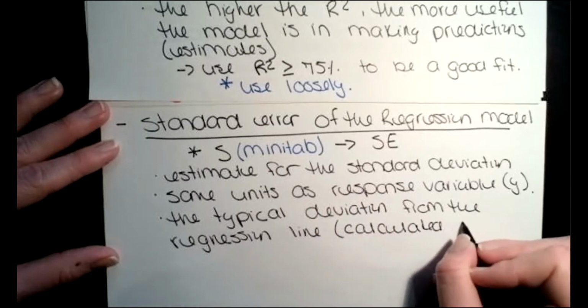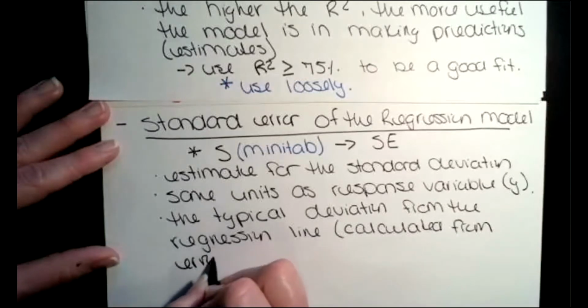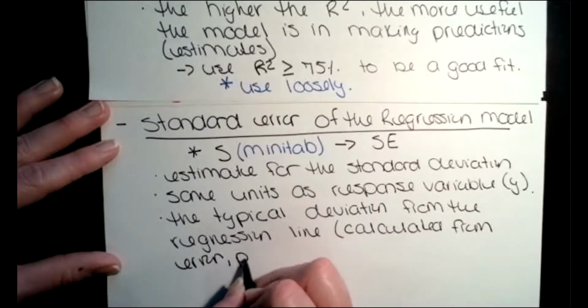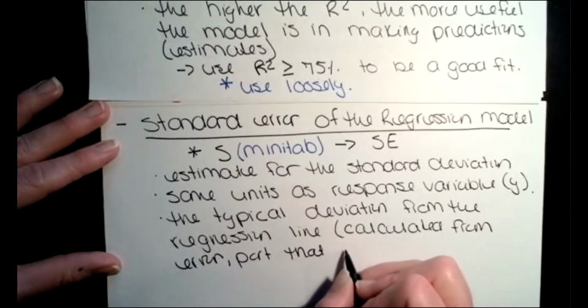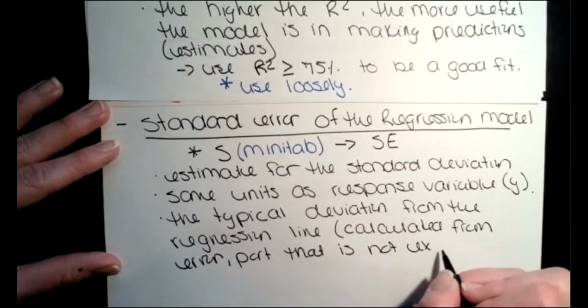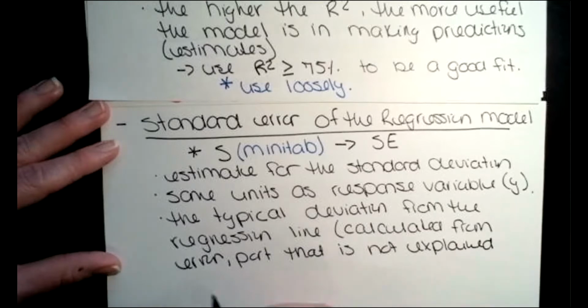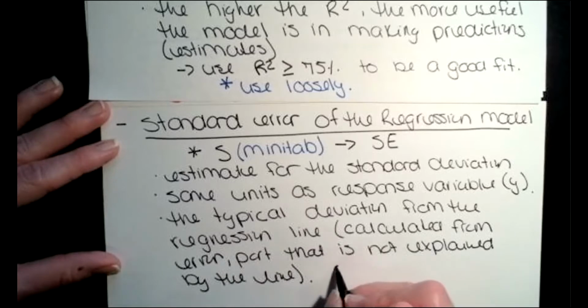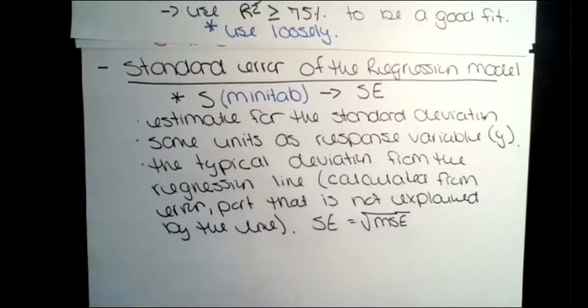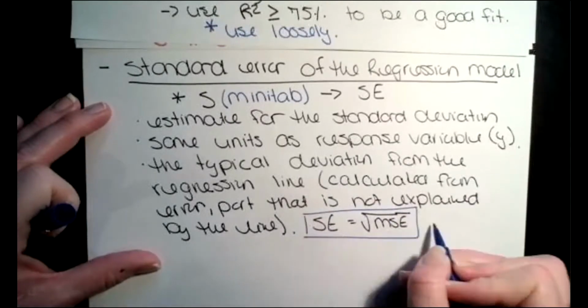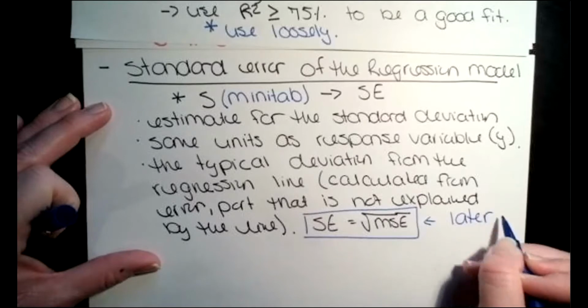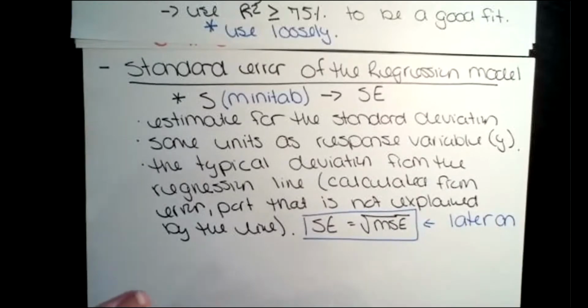So this is calculated from the error part that is not explained by the line. And this is SE equals the square root of MSE. I'm just giving you this, but we're going to do this later. I want you to know. We will look at this later, not today.